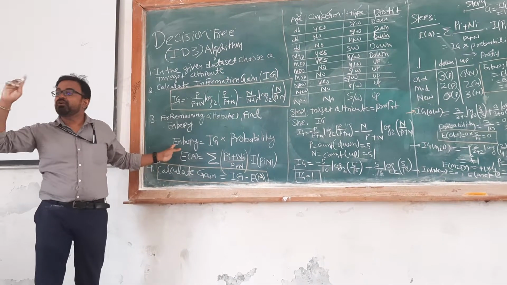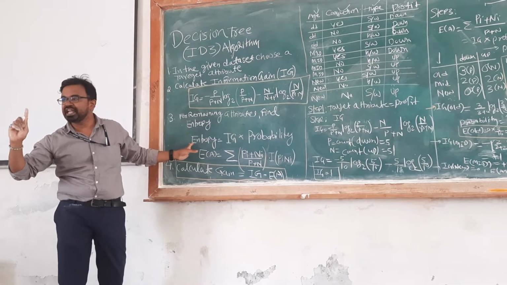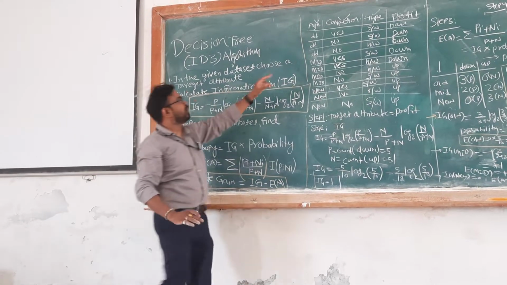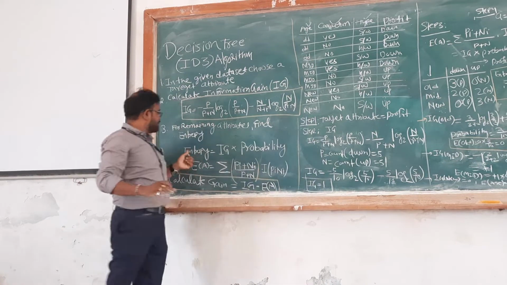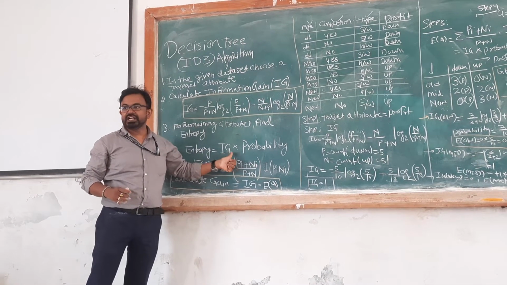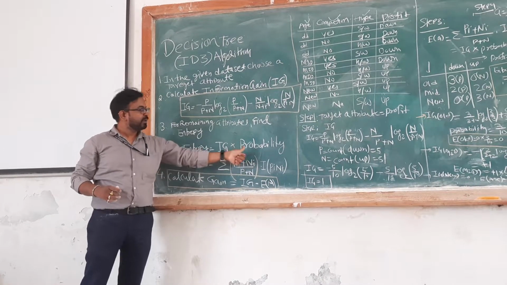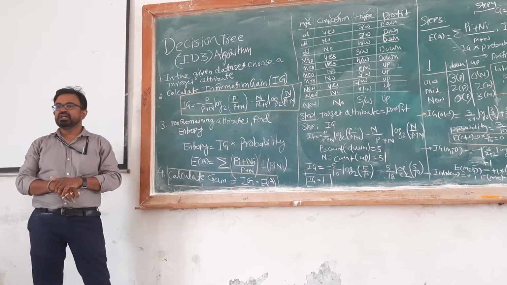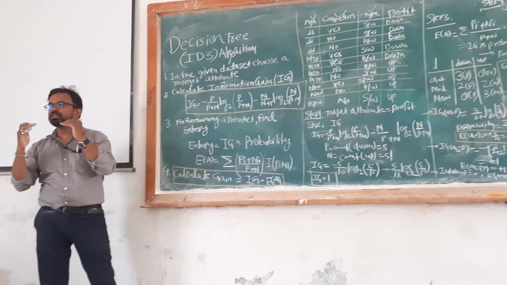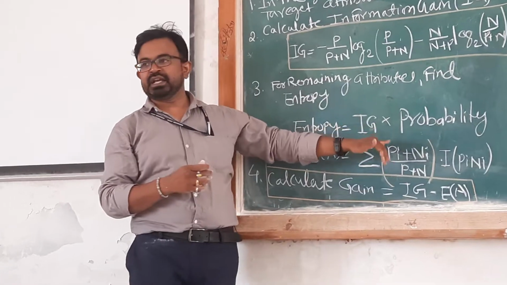Only for the target attribute do you find the information gain. For the remaining attributes, you have to find the entropy. Entropy is equal to Ig into probability, where Ig stands for information gain and P stands for probability. Here we use the concept of probability because it is a machine learning algorithm.